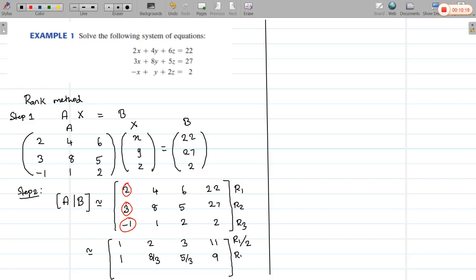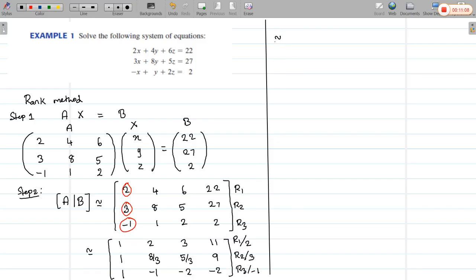I need to explain that R2 is divided by 3. Now, in the third row, you have a minus 1. So what do I have to do? I divide by minus 1. So this will become 1, minus 1, minus 2, minus 2. So R3, I divided by minus 1, or you multiply by minus 1. Anything is fine. Any questions?